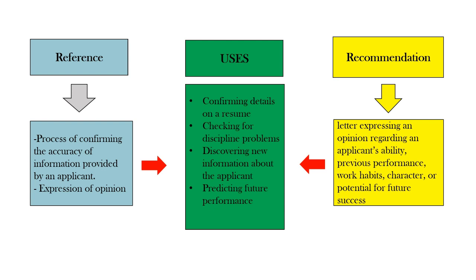But recently, and in our source, reference and recommendations may not be a good way to predict future performance because some character references inflate their ratings of their subordinates. Now, we have other successful methods of predicting future performance.